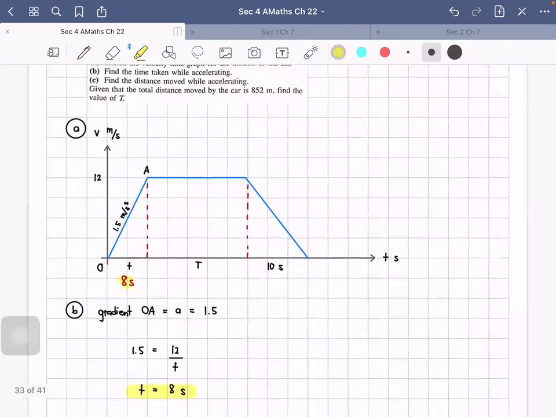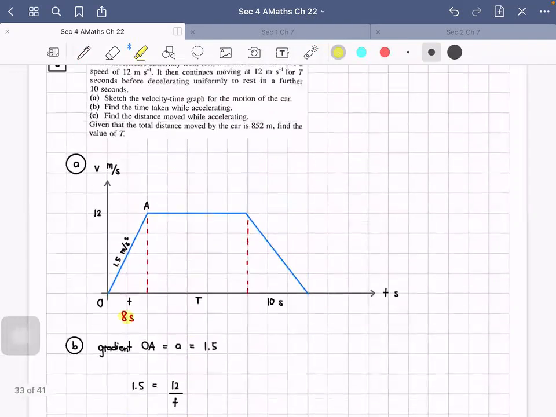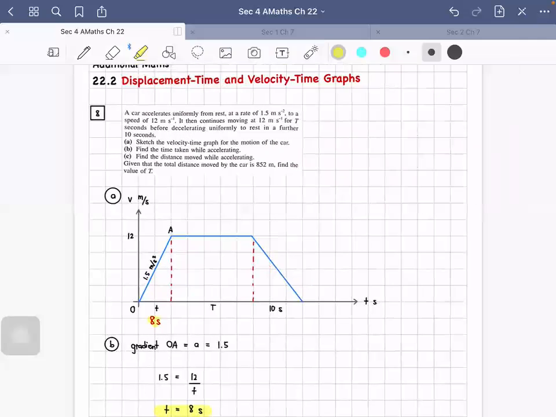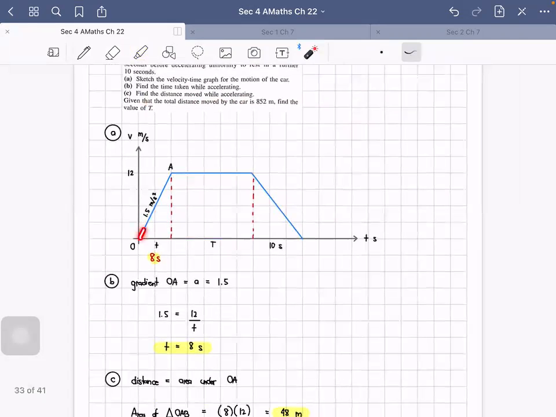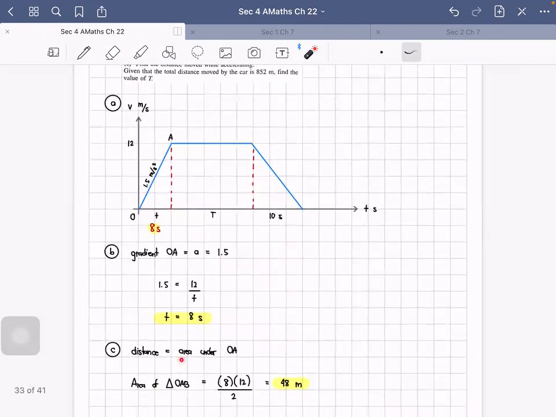Now let's go to letter C. We need to find the distance moved while accelerating. So again, this is the acceleration. How do you find the distance from here to here? Finding the distance means finding the area below this triangle right here, the area under OA.